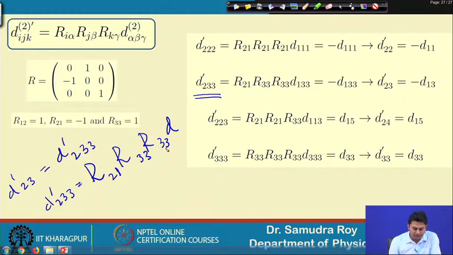Once I put it, we will find that here I need to put 1 3 3. So, D23 is essentially minus of D13.